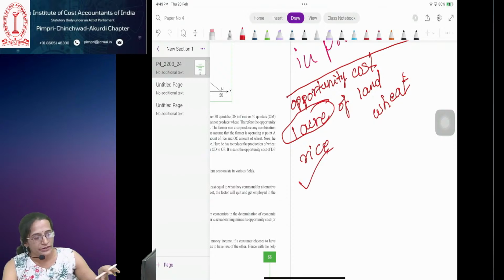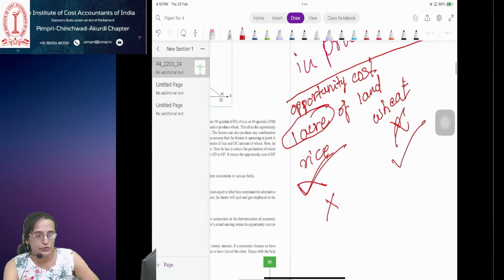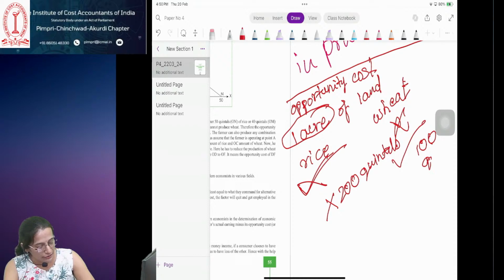The quantity of wheat I did not produce or forgo is the opportunity cost for rice, right? And if I don't produce rice and completely produce wheat, it is 100 quintals. Even on 1 acre of land, I was able to produce rice of 200 quintals or wheat of 100 quintals.